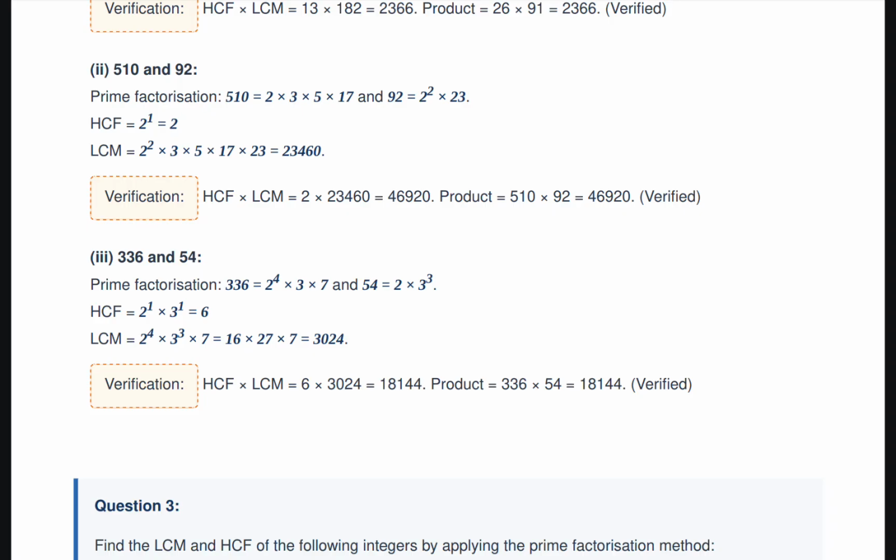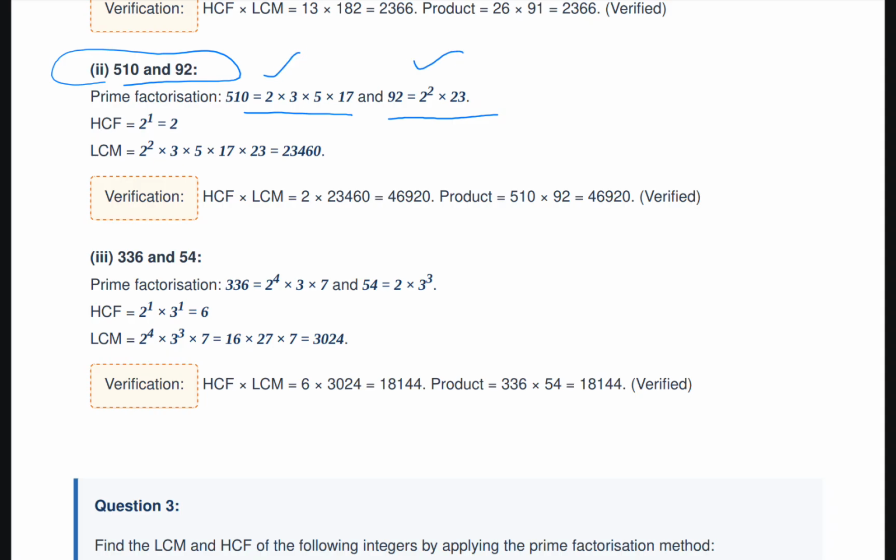So now the second question is 510 and 92. In these two questions, you will find the prime factorization of 510 and also of 92. Okay, what will be their SCF? SCF will be the highest common factor which is common in both terms, and that is 2.